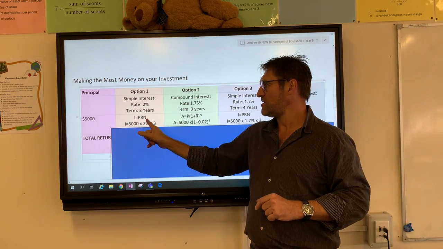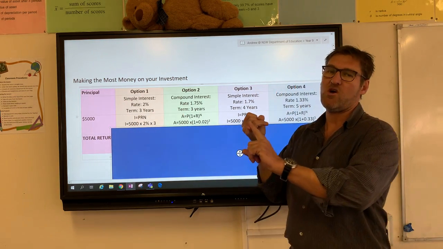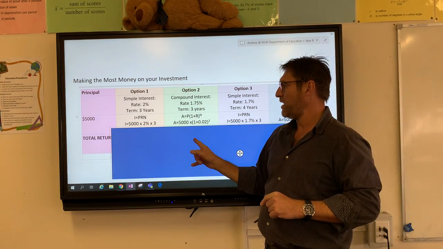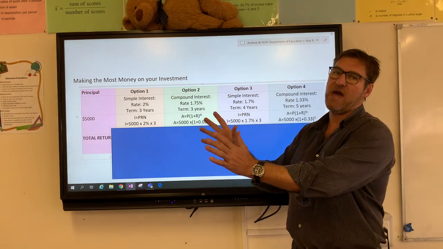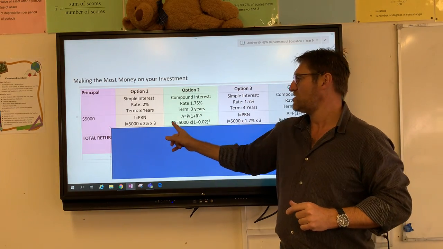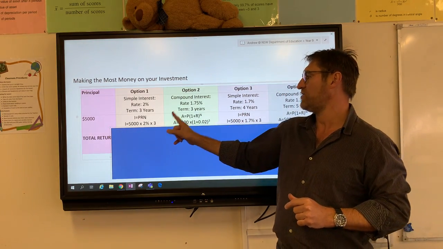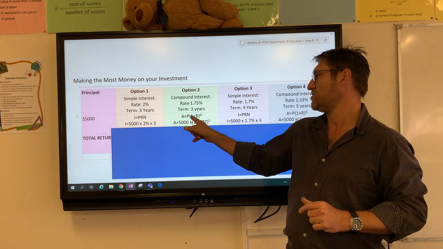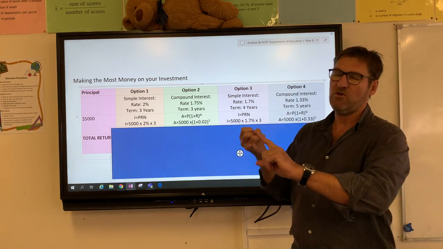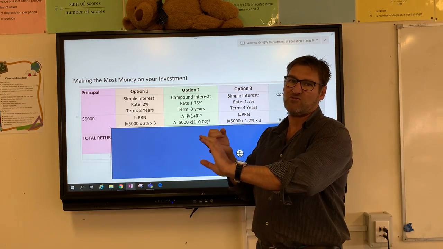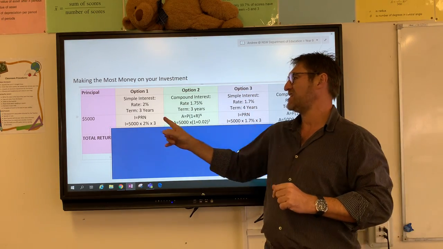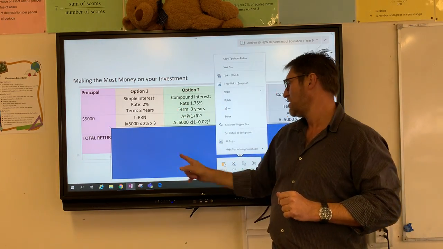Remember that simple interest is only the amount of interest you earn. Compound interest gives us our total amount back in one go. So these two figures are going to be significantly different, because compound interest includes your $5,000. Options one and three, using simple interest, just tell us how much interest you've earned.